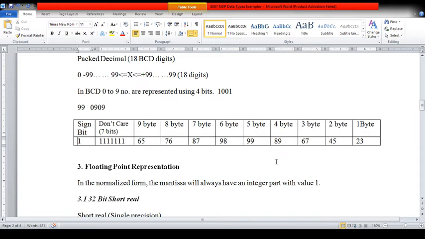Now let us move to the most important part of the data types, floating point representation. Here this is the major change in case of 8087. Earlier processors were supporting integers, that's why they were capable of performing those operations. But when it comes to floating point representation, none of the processors earlier to the 8087 were able to perform these operations, and neither at the speed as compared to the 8087.